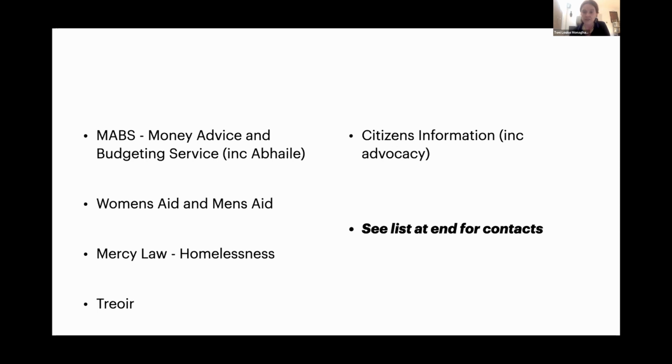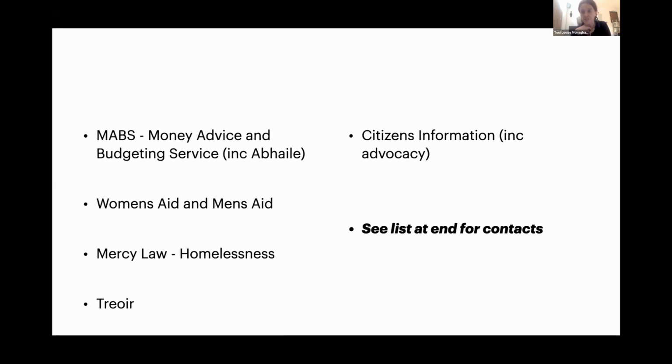Lastly on this list, we've got Citizens Information. I mean it in terms of the actual advice clinics and centres that they have, although a lot of those are closed, I think, or maybe appointment based now because of COVID, and also their website. The website is fantastic for advice on various benefits and things like that.